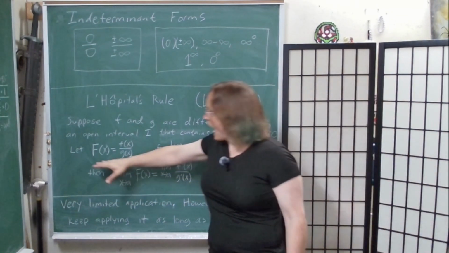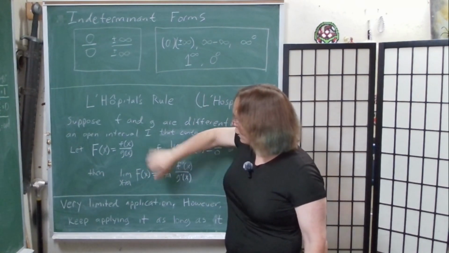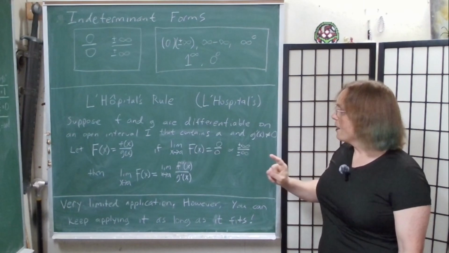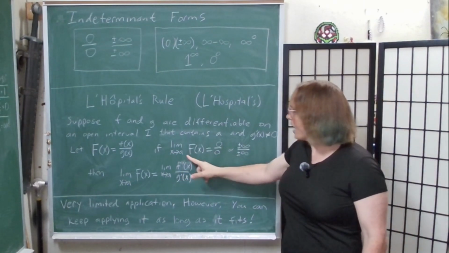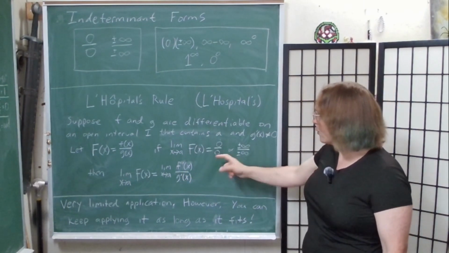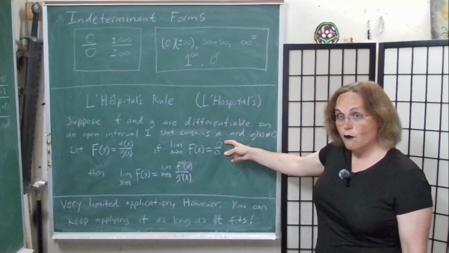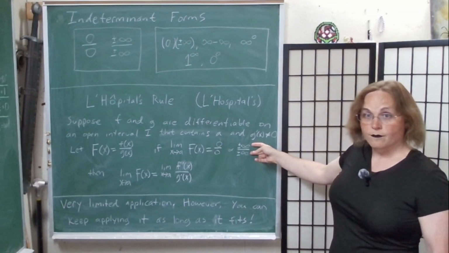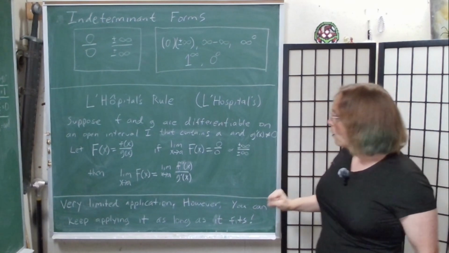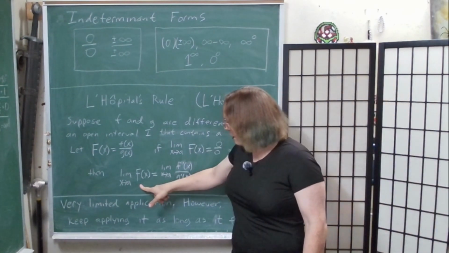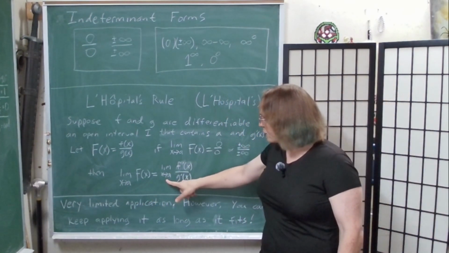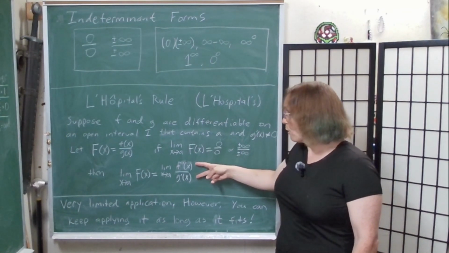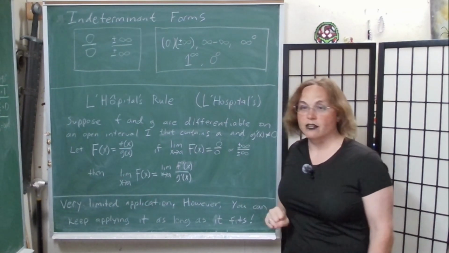So if we let capital F equal the quotient of the function f of x over g of x, then if the limit as x goes to a of capital F of x is equal to either 0 over 0 or infinity over infinity, then we can say that this limit would be the limit as x goes to a of the quotient of the derivatives of f of x over g of x.